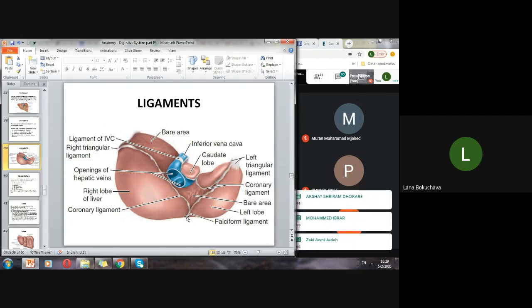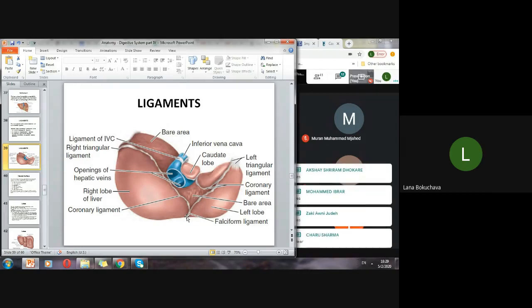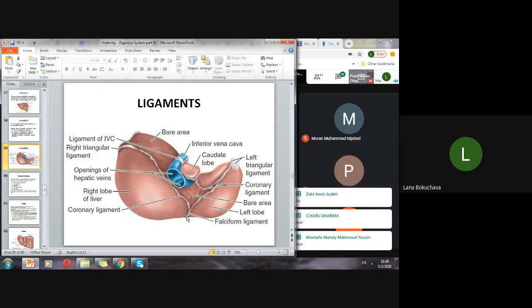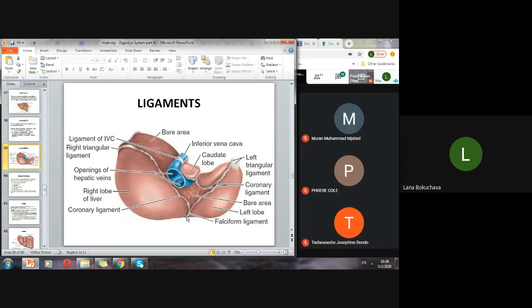Good. So, we understood that we have the surfaces, some of them covered by the peritoneum, some of them not covered by the peritoneum. We have the ligaments which are attaching the liver to the different anatomical structures, the intra-abdominal organs.